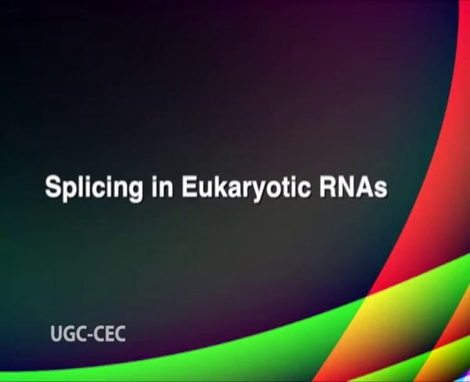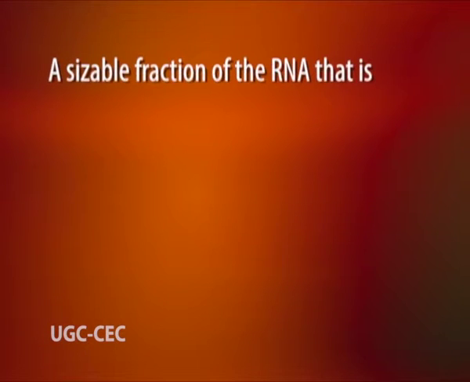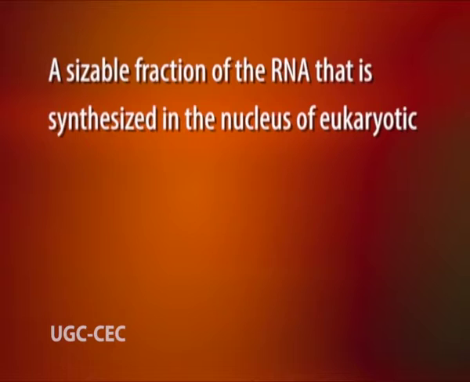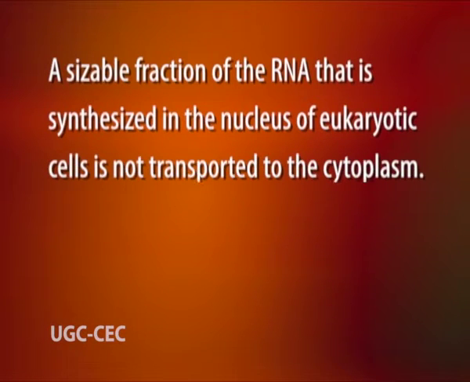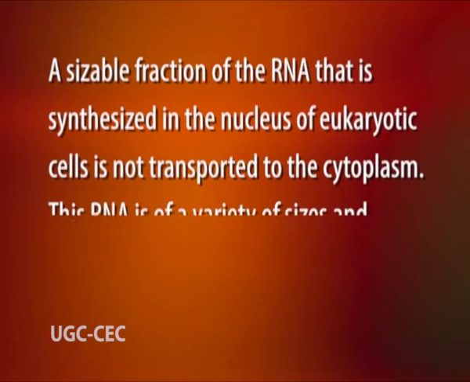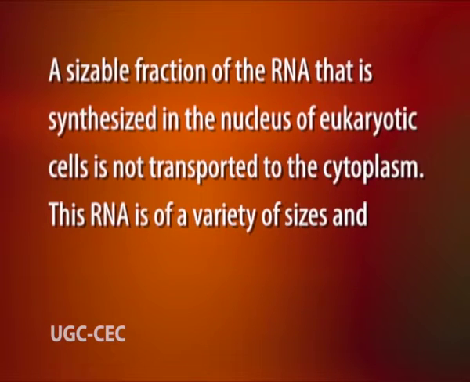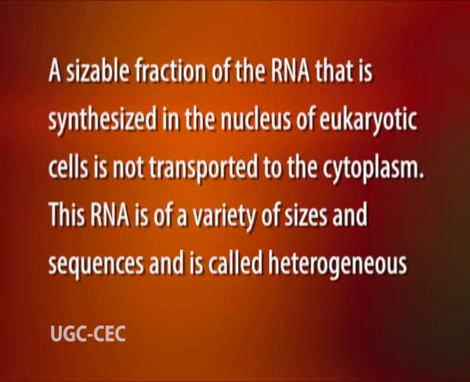Now, the splicing in eukaryotic RNAs. A sizable fraction of the RNA that is synthesized in the nucleus of eukaryotic cells is not transported to the cytoplasm. This RNA is of a variety of sizes and sequences and is called heterogeneous nuclear RNA.